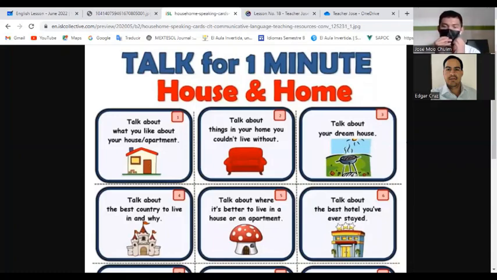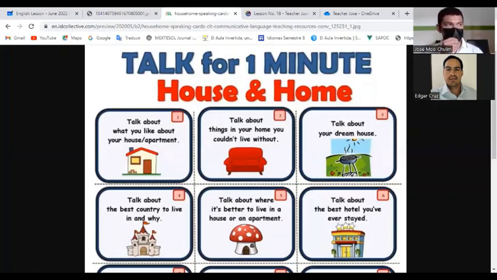That's the house. And home is like the group of people that live in it, for example, your parents, your sisters, you. That's home. Es hogar. Hogar y casa. House is casa, home es hogar. So we can say that house is the building and home is the group of people that live inside of the house.